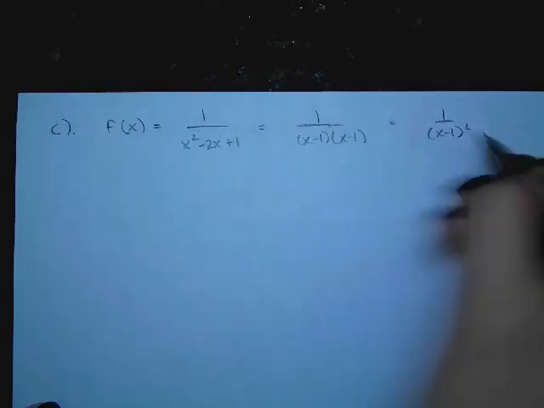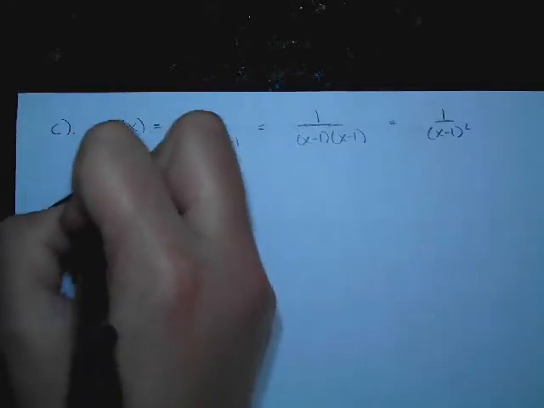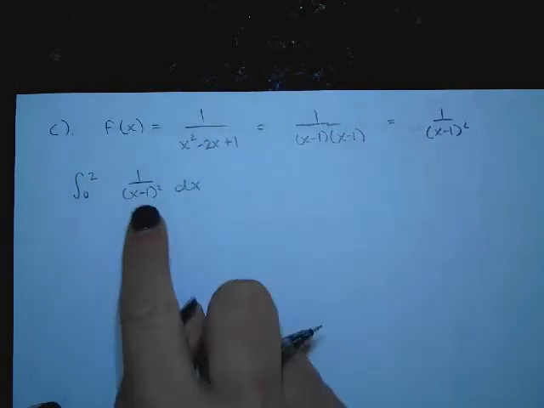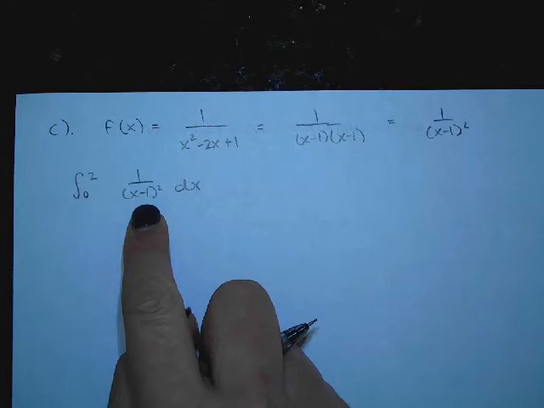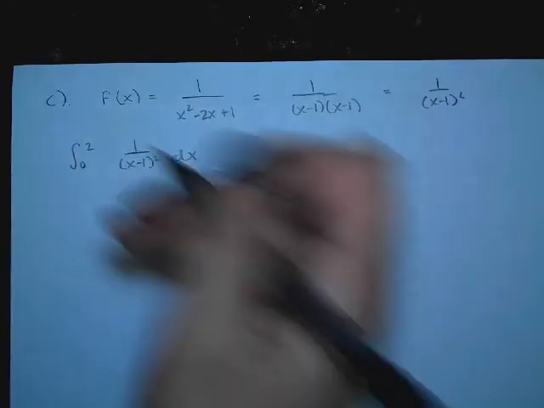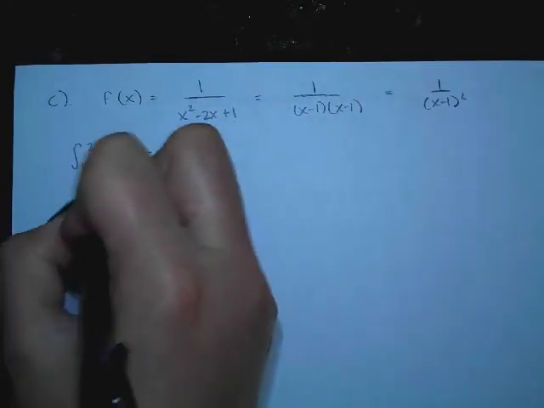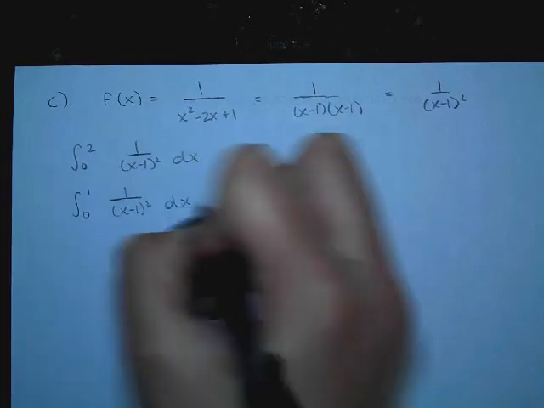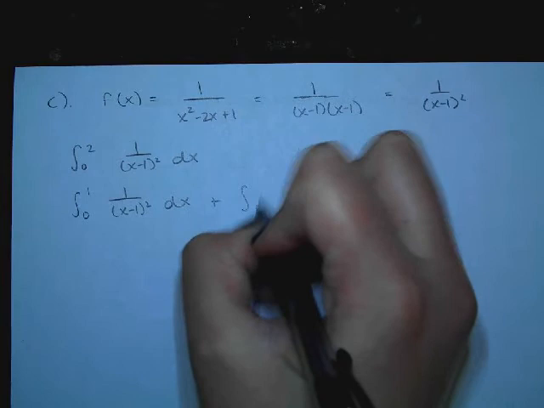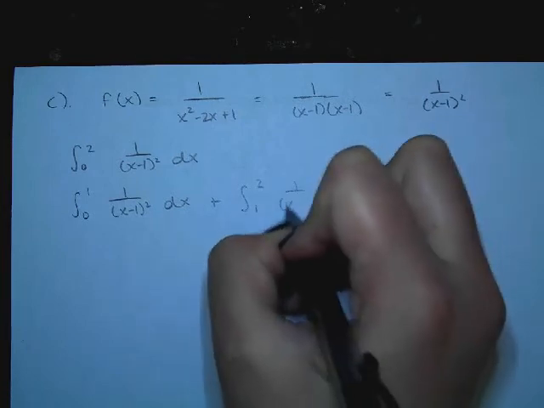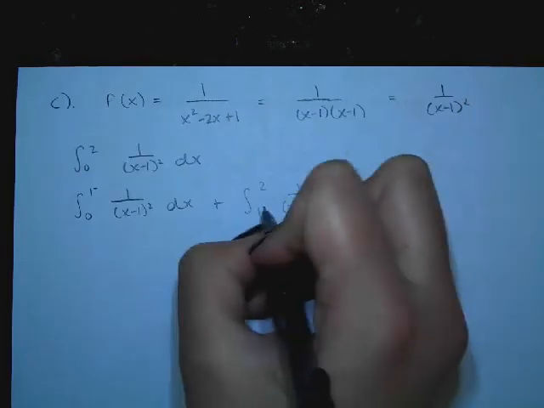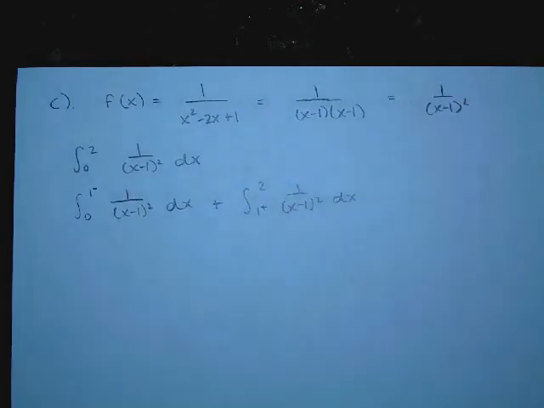And so you have the integral from 0 to 2. And then you have to be careful because you have to realize that this is not continuous at 1. So you actually have to split this up. And you have to say the integral from 0 to 1 plus the integral from 1 to 2. And it's 1 from the left, 1 from the right.